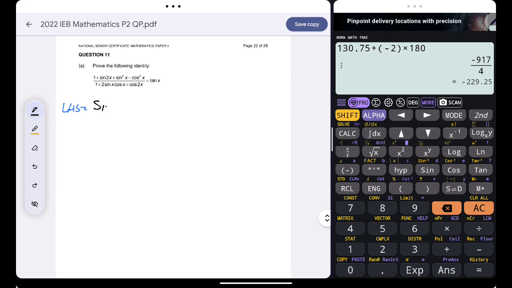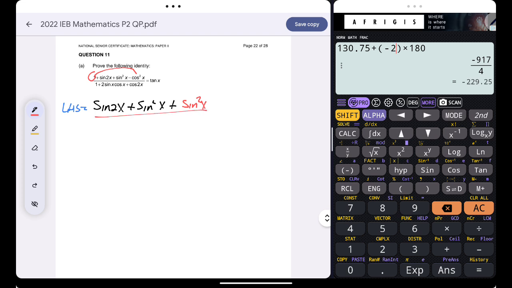I have sine 2x plus sine squared x plus these two, a positive 1 and a negative cos squared x will give me sine squared x. Are you together, guys?